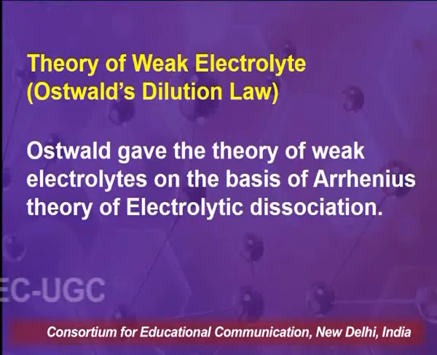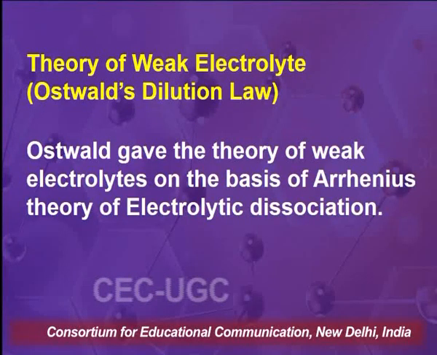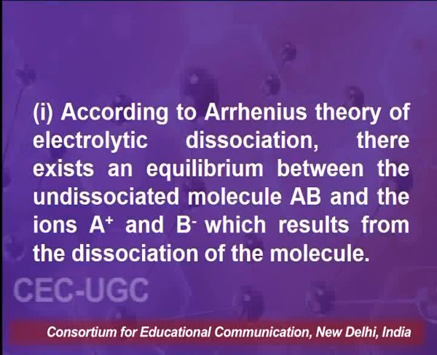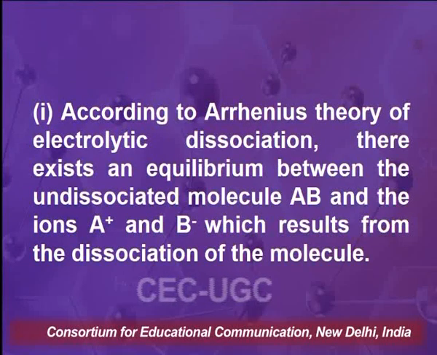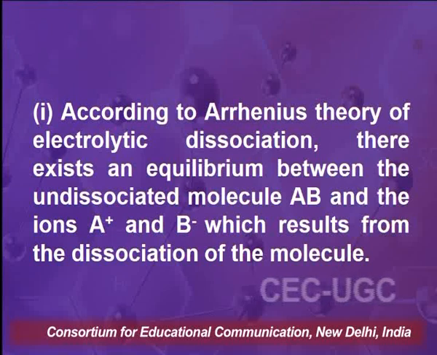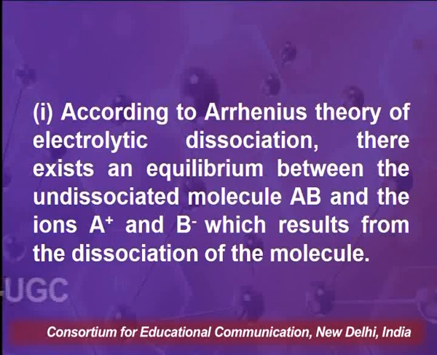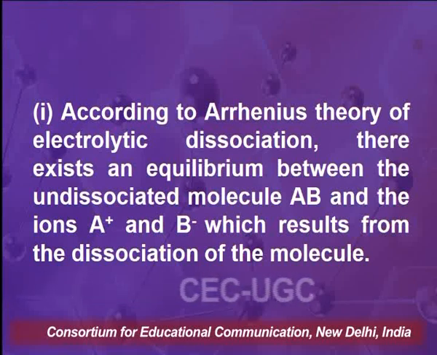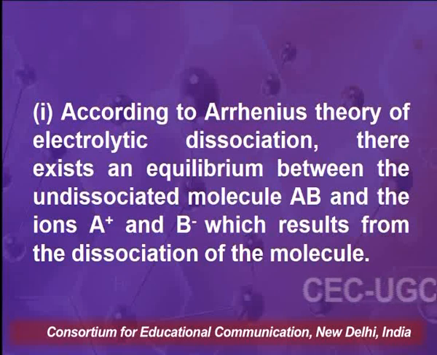Theories of weak and strong electrolytes. Theory of weak electrolyte: Ostwald gave the theory of weak electrolytes on the basis of Arrhenius' theory of electrolytic dissociation. According to Arrhenius' theory, there exists an equilibrium between the undissociated molecule AB and the ions A plus and B minus, which result from the dissociation of the molecule.